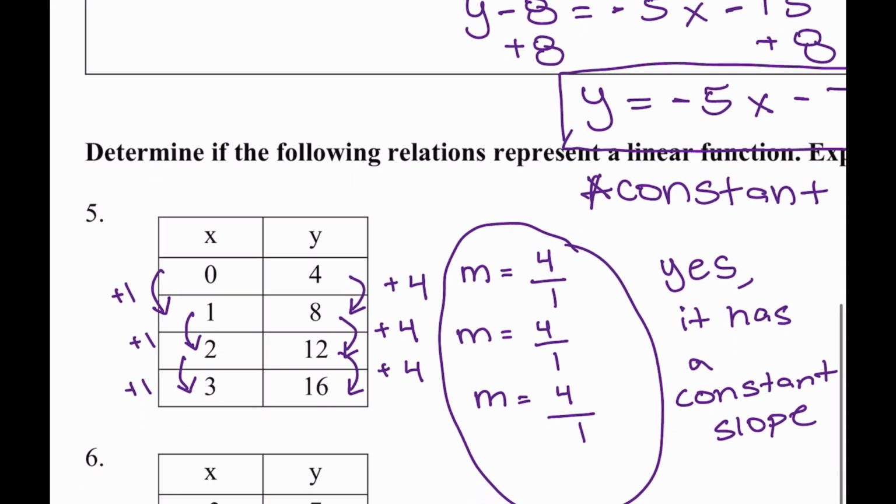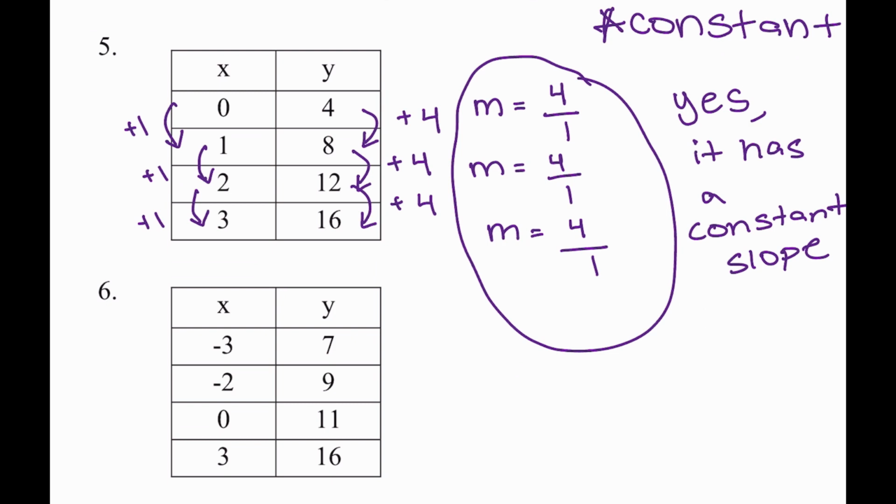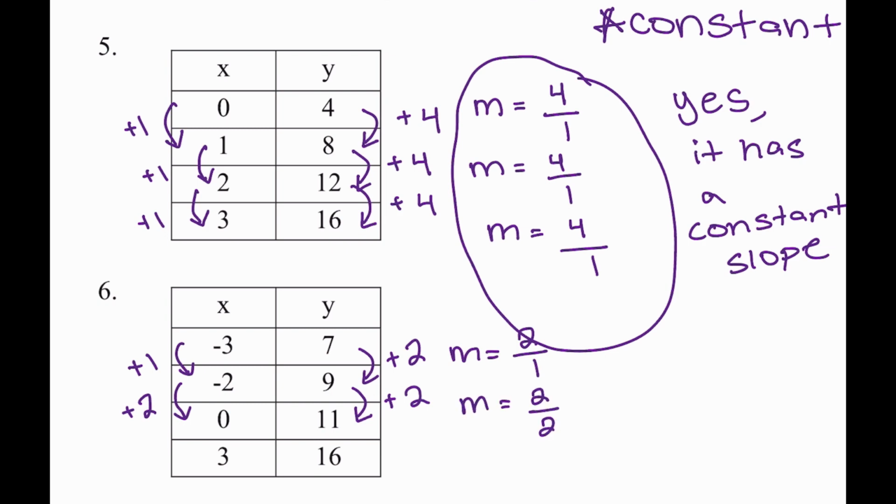Let's look at number 6 now. To go from 7 to 9, I add 2. And to go from -3 to -2, I add 1. So that is the slope, 2/1. To go from 9 to 11, I add 2. And to go from -2 to 0, I add 2. So that will be the slope, 2/2.